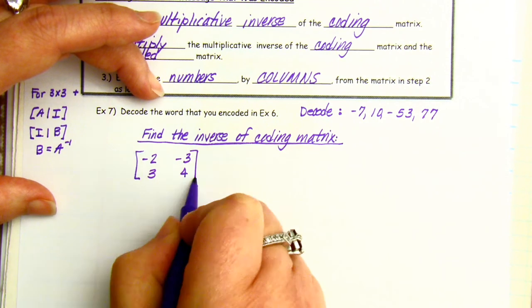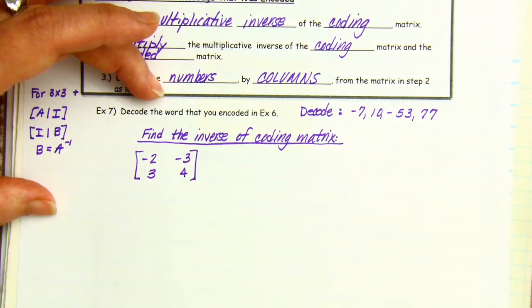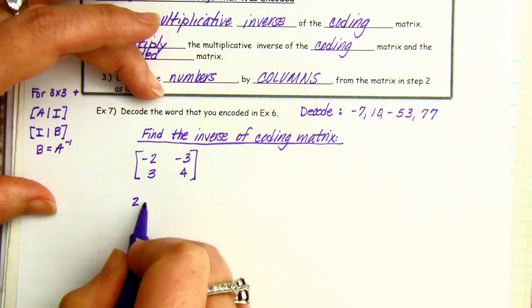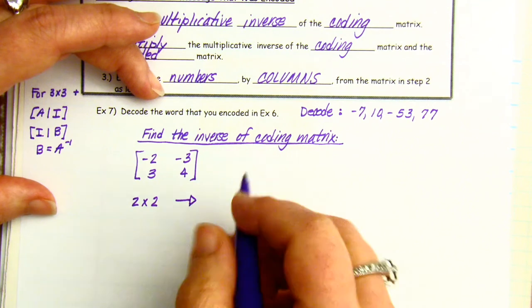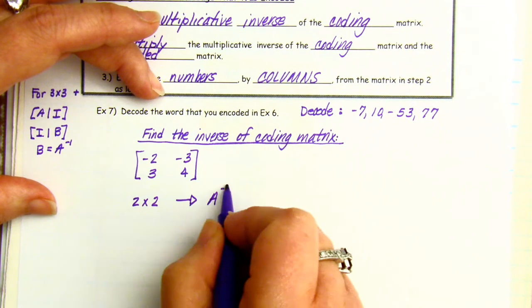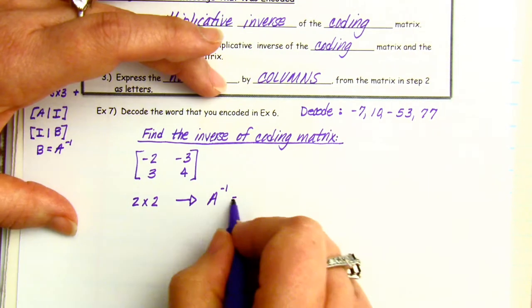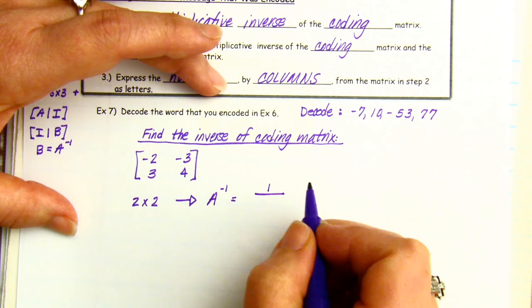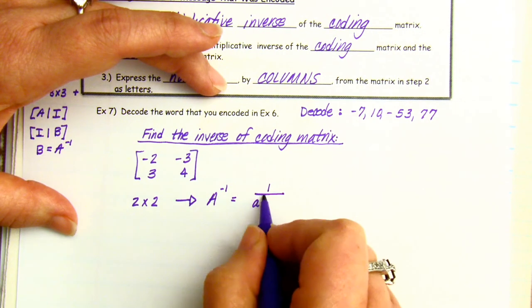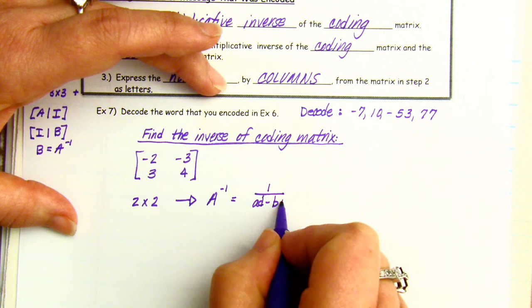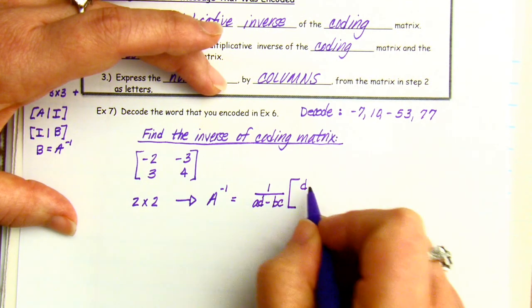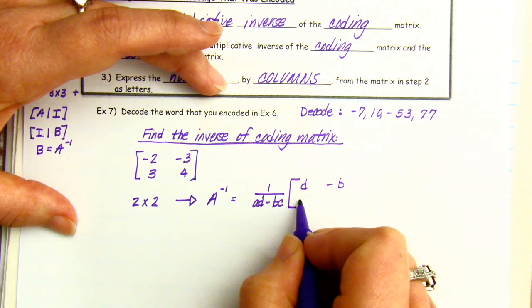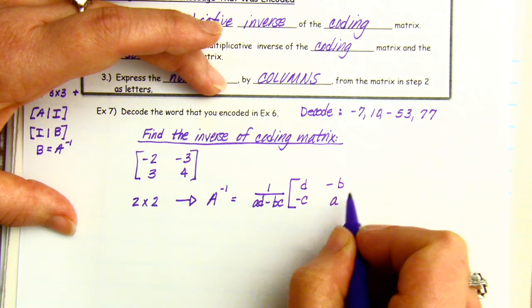This was given to us. It's a 2 by 2. So we're going to use the shortcut. Inverse A is equal to 1 over AD minus BC times the matrix D, negative B, negative C, A.